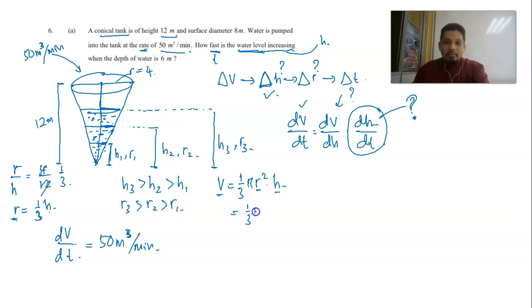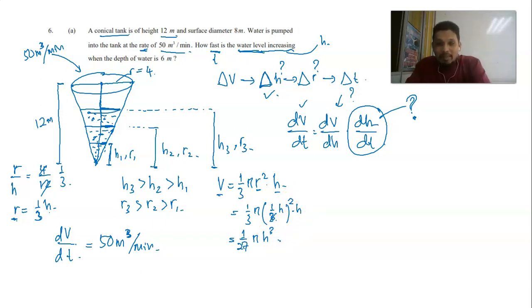So then V equals one third pi times (h over 3) squared multiplied by h. Three squared equals 9, so one over 9, and one third times one over 9 is one over 27 pi h squared multiplied by h, which gives h cubed.